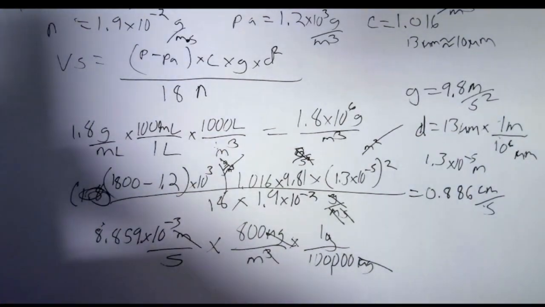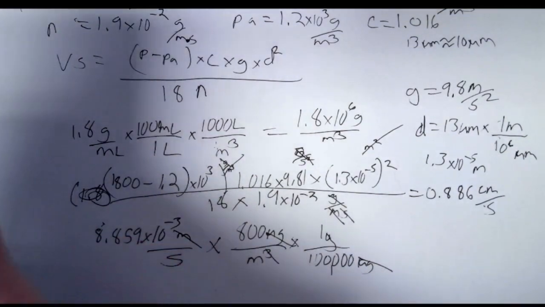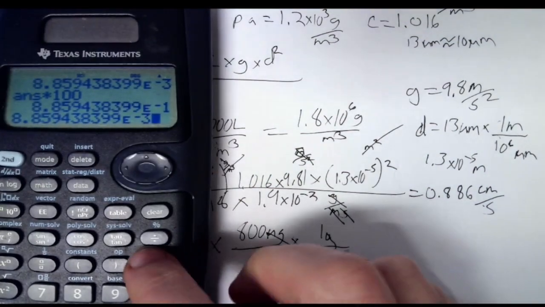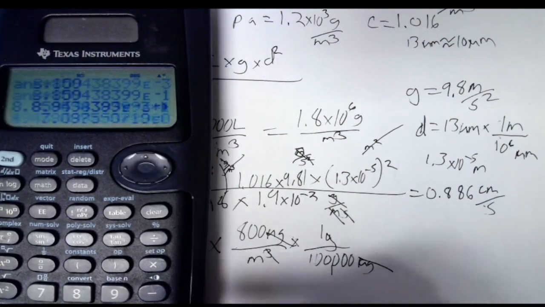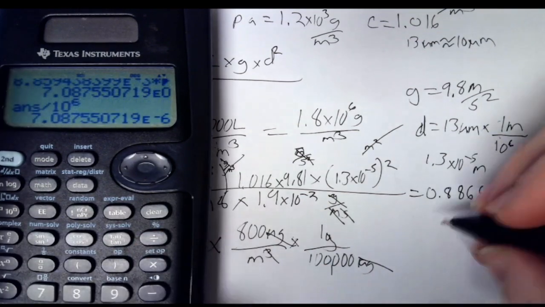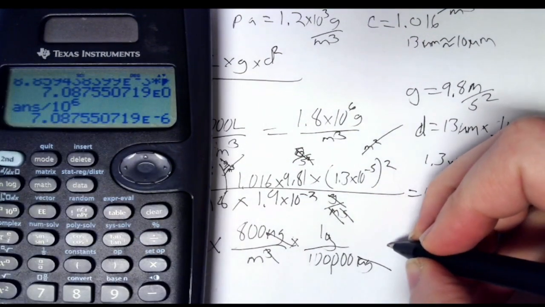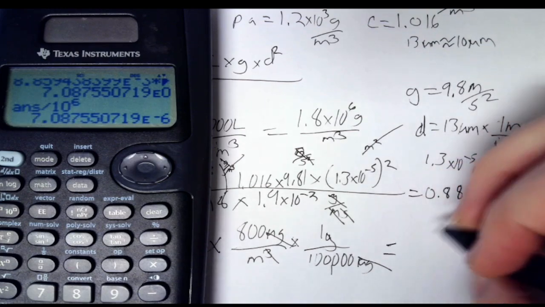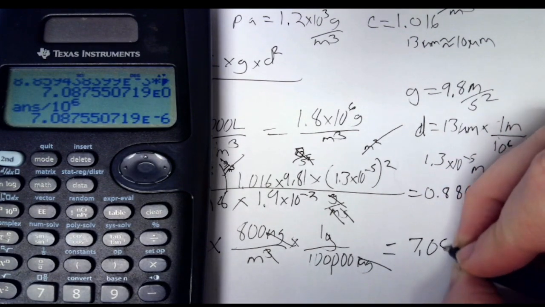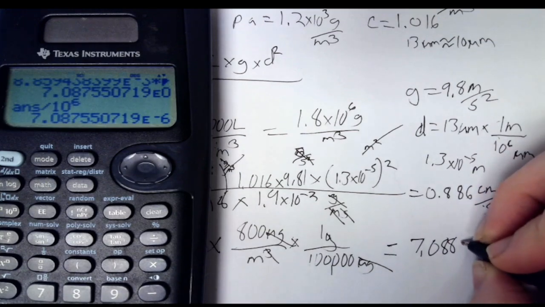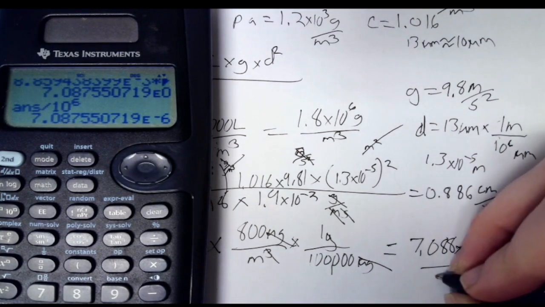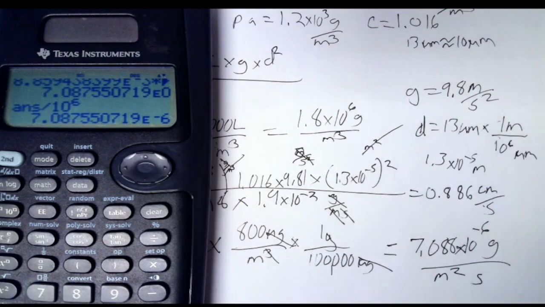So I'm multiplying this by 800, but then dividing by 10 to the 6th, and we have a settling rate of something like 7.088 times 10 to the negative 6th grams per meter squared second.